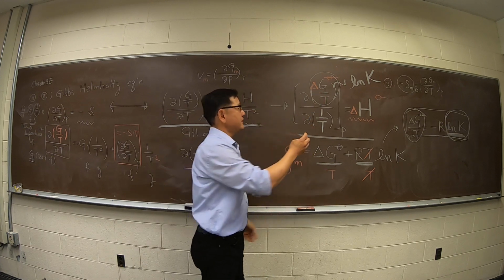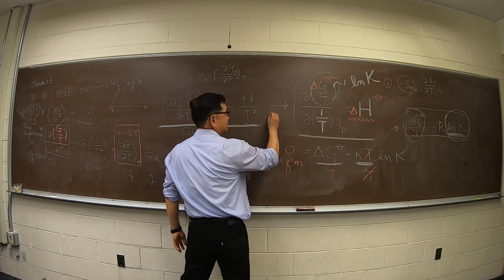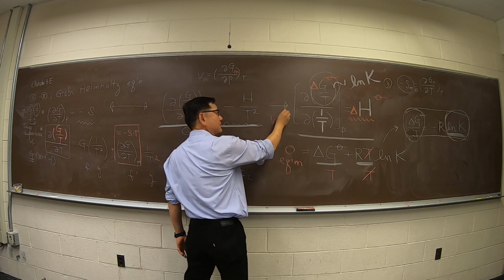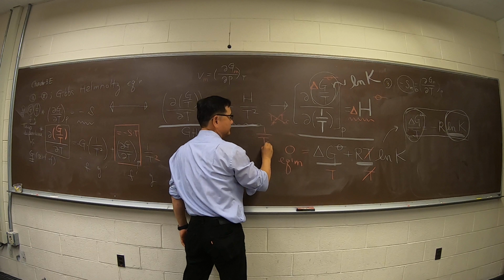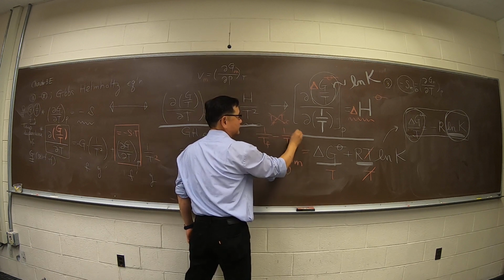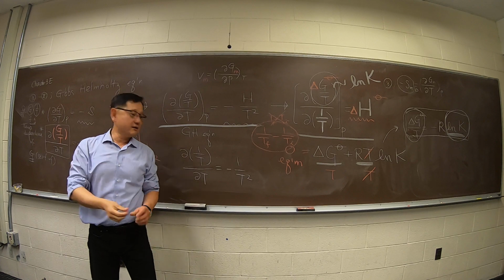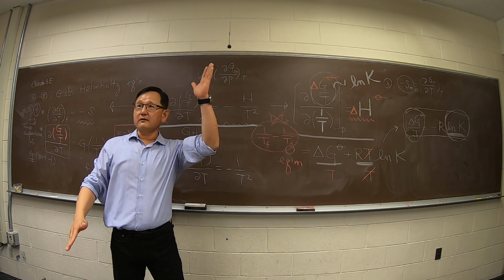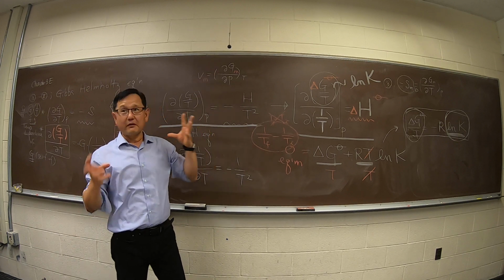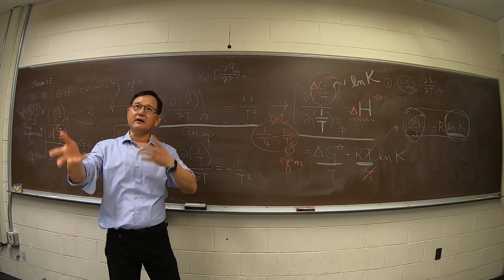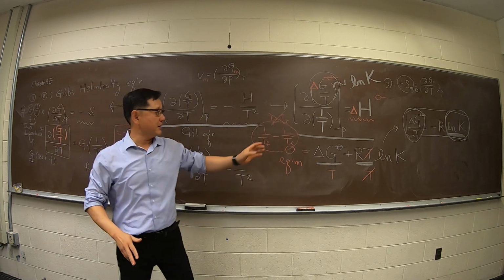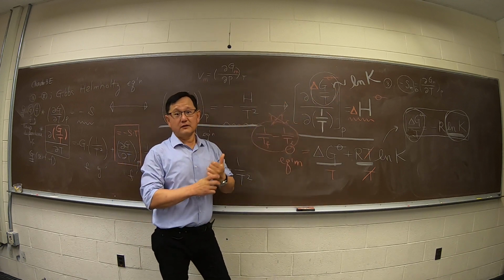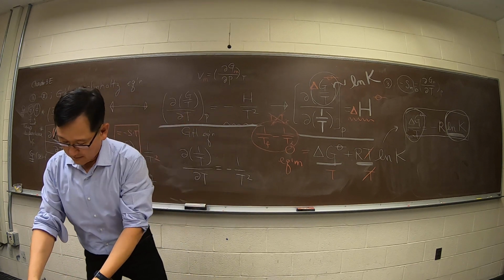The proportional quantity is not the temperature difference, T1 minus T final. That's not thermodynamically meaningful. What's meaningful is 1 over your final temperature minus 1 over the initial temperature. If you do that experiment, sometimes you can just put temperature on the x-axis and the equilibrium constant on the y-axis. But if you think about it, maybe I can plot my data on a 1 over temperature axis to represent the equilibrium constant, and I can get to my answer very well.